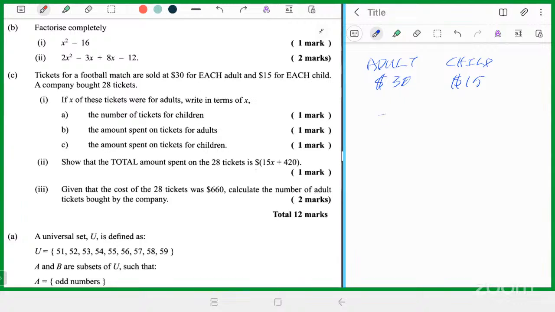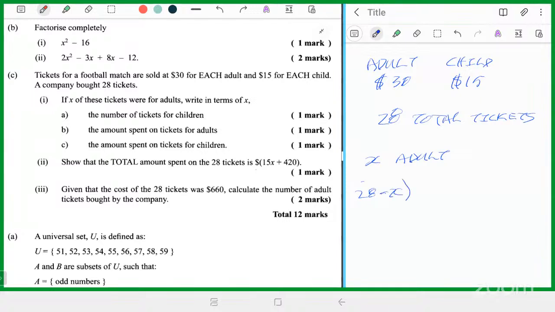So 28 tickets total. Out of the 28, x is for adults, x adult tickets. And therefore, if it's x adult tickets, it must be 28 minus x children tickets, don't it?